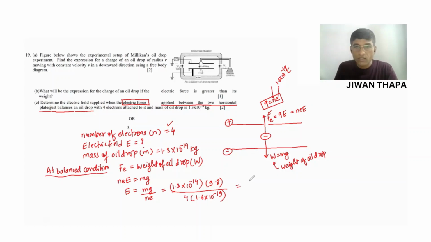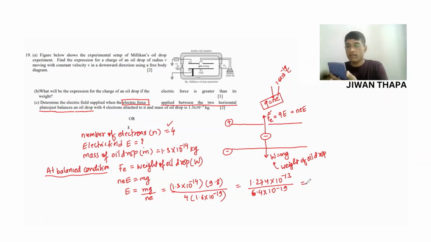We get the numerator as 1.274 × 10^-13, and the denominator 6.4 × 10^-19.